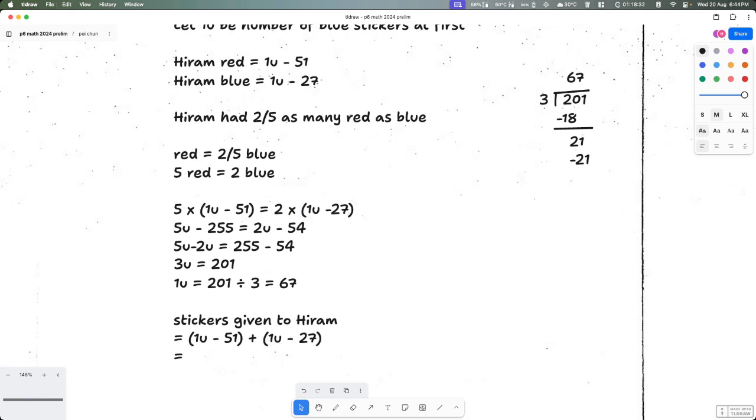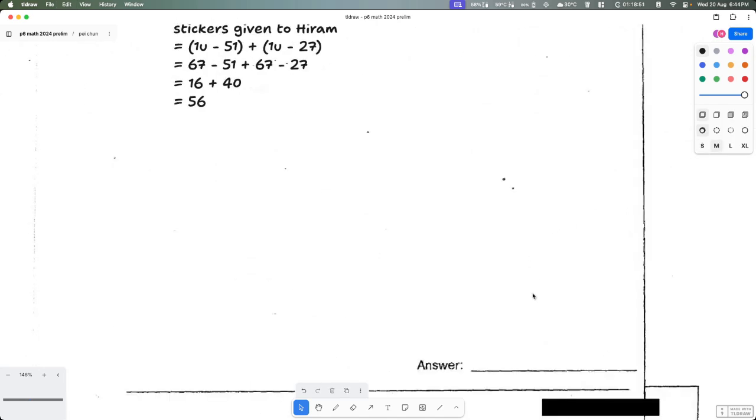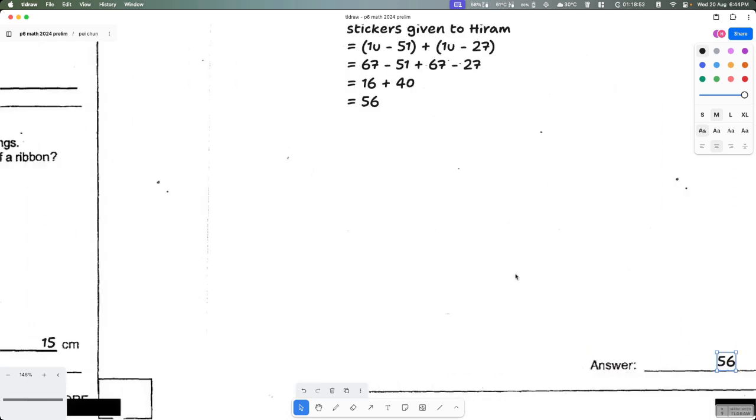So that means this is 67 minus 51 plus 67 minus 27. So 67 minus 51 is 16, plus 67 minus 27, which is 40. This will be 56. Right, there you go. That's your answer, 56. All right, let's move to the last question.